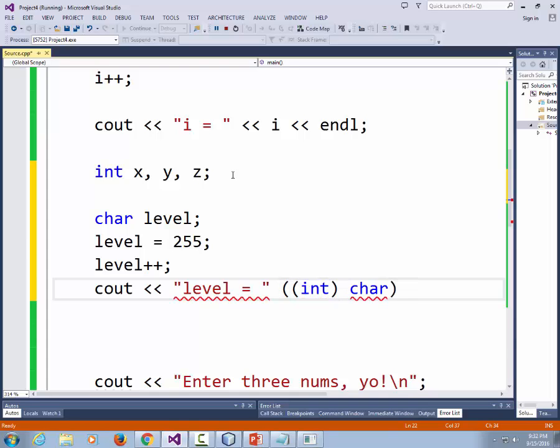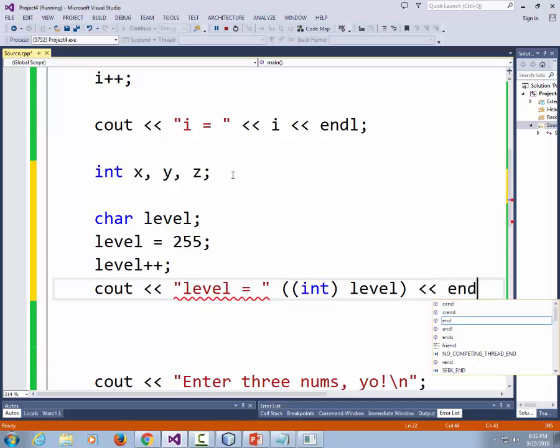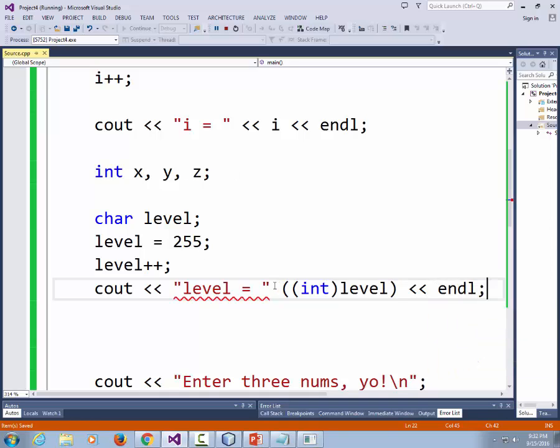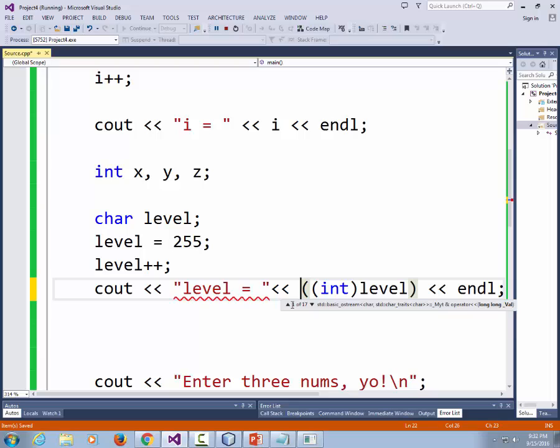I hope that works. I hope it doesn't continue giving me red underlines. The reason I'm doing this is I don't want it to print like an A or a B or something like that. And the reason I chose character is because I know that character is an 8-bit type.